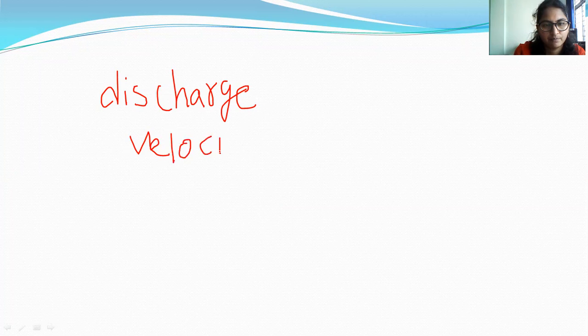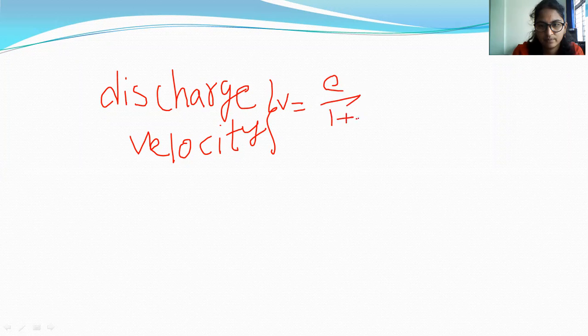Discharge velocity V is equal to e by 1 plus e into V suffix p.